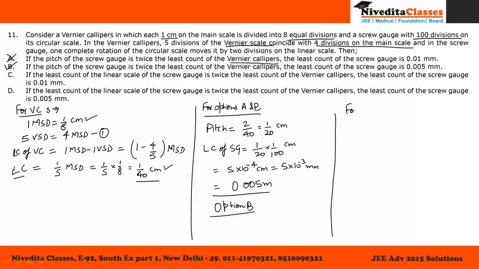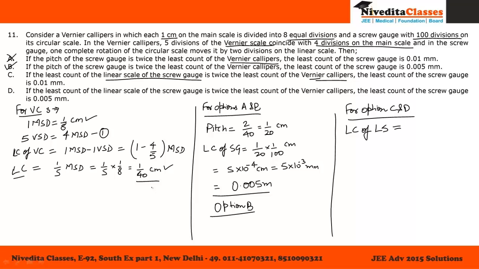For options C and D, it is given that the least count of the linear scale of the screw gauge is twice the least count of the vernier caliper. So we can say that the least count of the linear scale is equal to twice the least count of the vernier caliper.